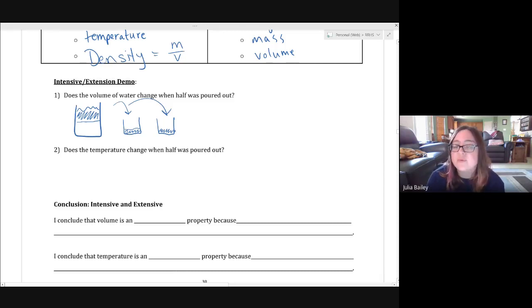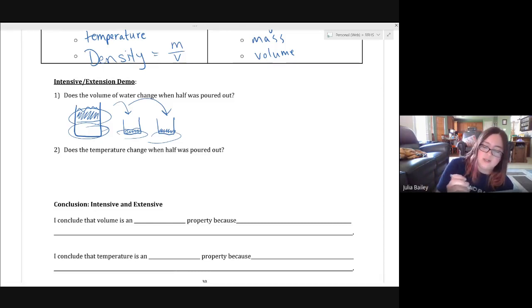Does the total volume of water change when I pour half of it out? I had this water, I moved it into here. I've also got this water. Is there the same total amount of water? Yeah, that volume does not change.